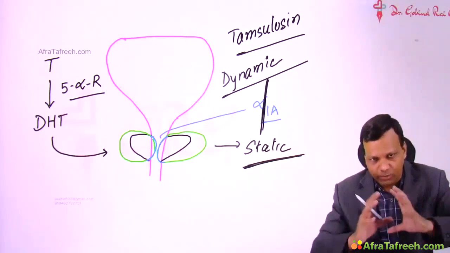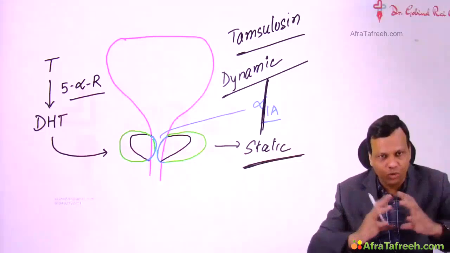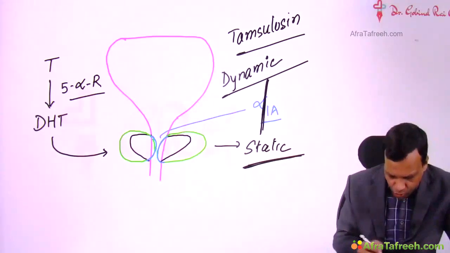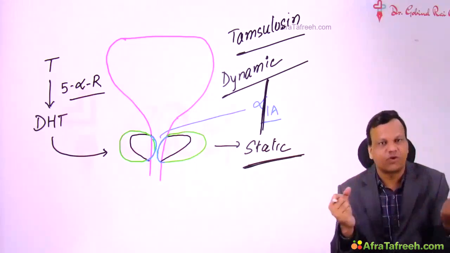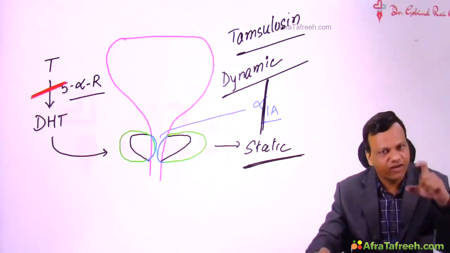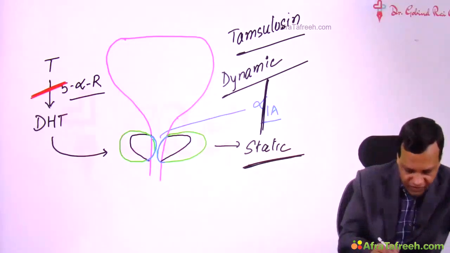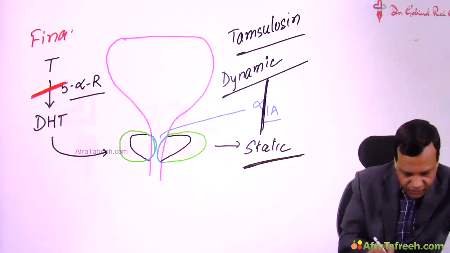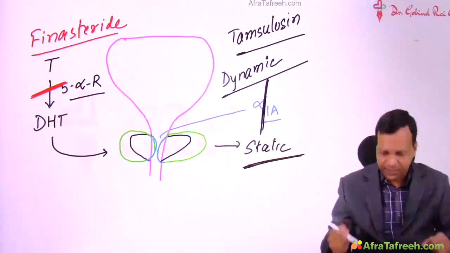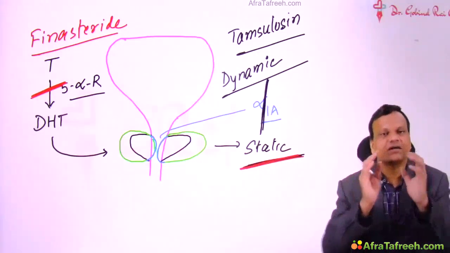Dihydrotestosterone stimulates prostate growth. The prostate grows in response to DHT. So if we want to decrease the growth and size of the prostate, then we need to block 5-alpha reductase. So 5-alpha reductase inhibitors like finasteride decrease the size of the prostate. That means they affect the static component.